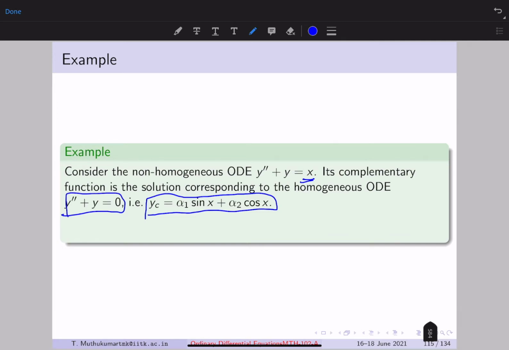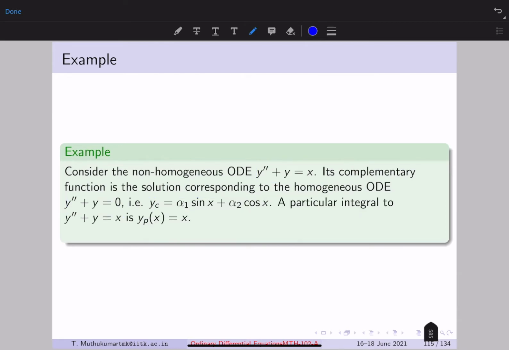So you forget the right-hand side, look at the homogeneous equation and its general solution. Now, if you find one solution of this ODE, you just have to add it to it. We will see later in the lecture how to find this one solution, but suppose we are able to find it by some means. For instance, in this case you can guess that the function x is itself a solution, because x double prime plus x will be equal to x, right? Because x double prime is 0, plus x, which is x.